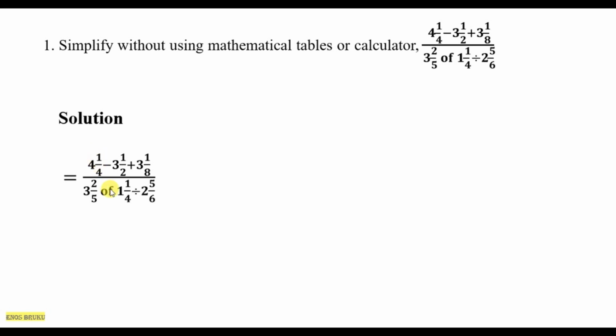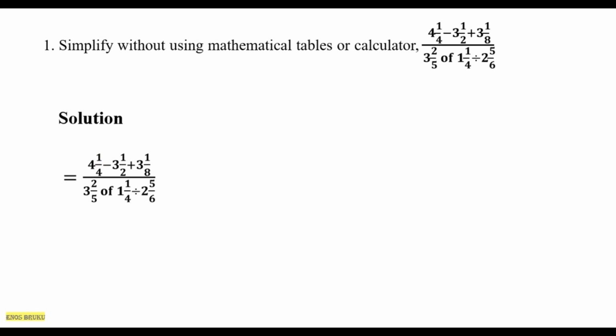Taking the first one, for instance, we have 4 whole number 1 over 4. You take the 4, multiply it by the 4, which will give you 16. 16 plus 1 is 17.